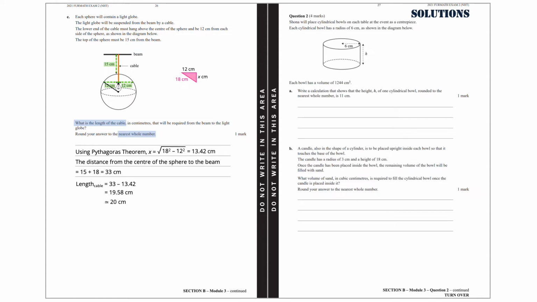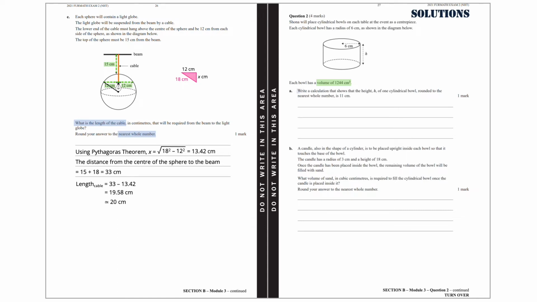the nearest whole number. Question 2. Shona will place cylindrical balls on each table at the event as a centerpiece. Each cylindrical ball has a radius of 6 centimeters, as shown in the diagram below. Each ball has a volume of 1,244 centimeters cubed.